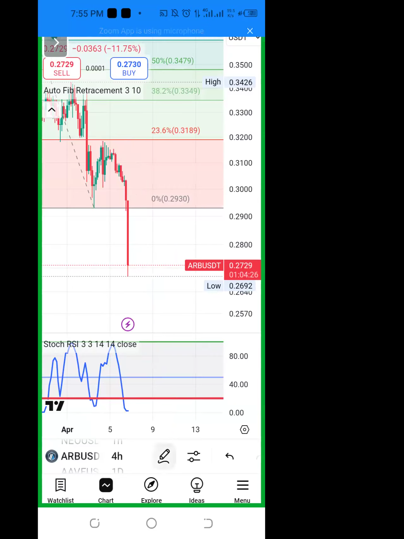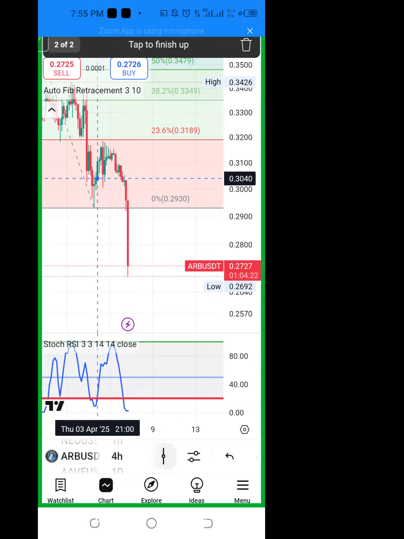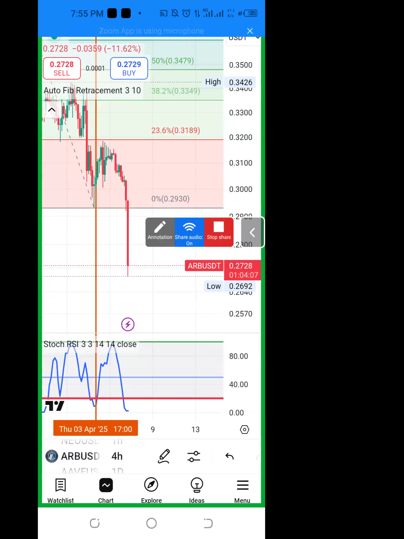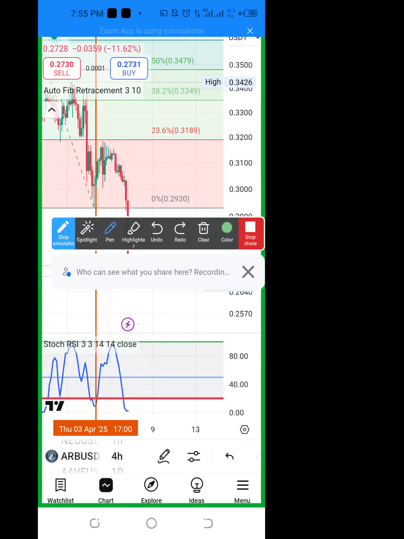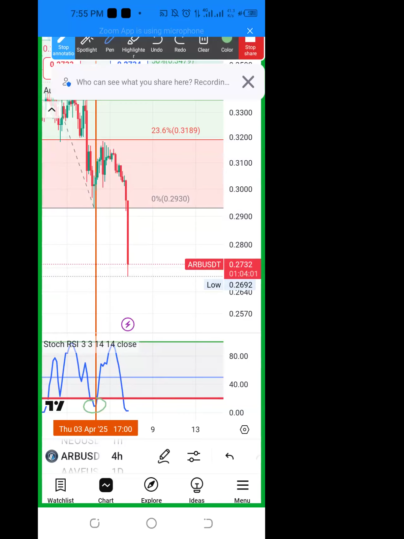Let me draw a vertical line that touches when the coin reached the lowest part of the stochastic line. I seen it. Then at the point when it turned around, started going up here, you see that the coin started moving up too.